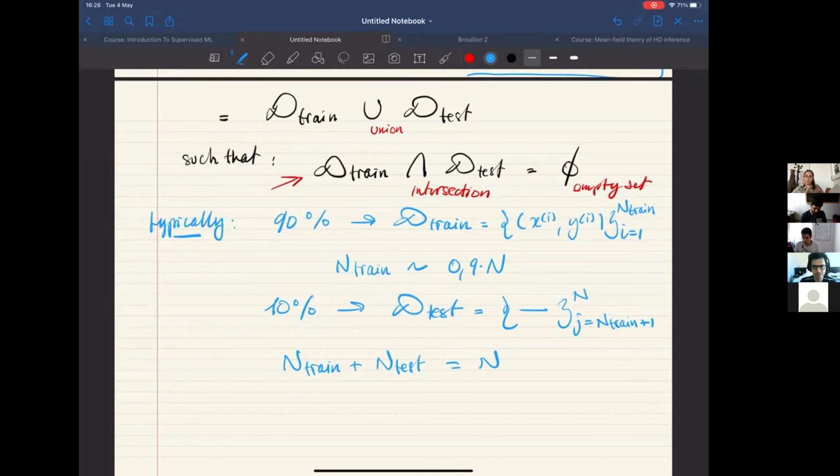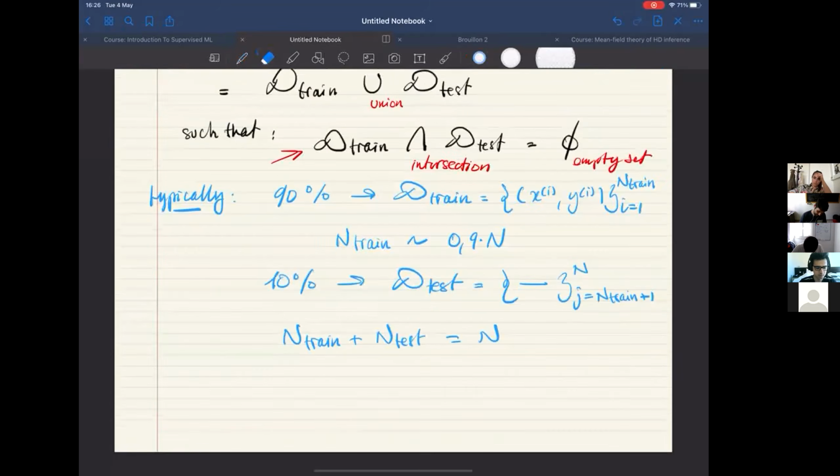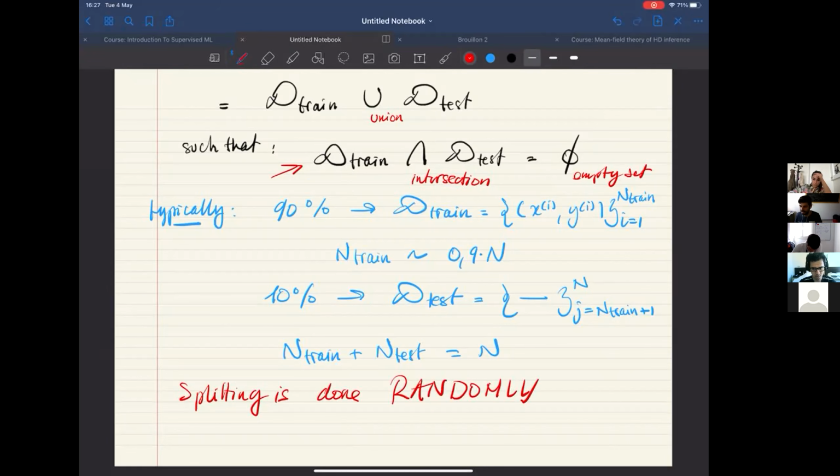And what is important is that this splitting into training and test data is done randomly. It would be an absolute mistake to try to select by hand, or according to some external procedure, which points you think are good points to train your models and which ones you should use for testing.